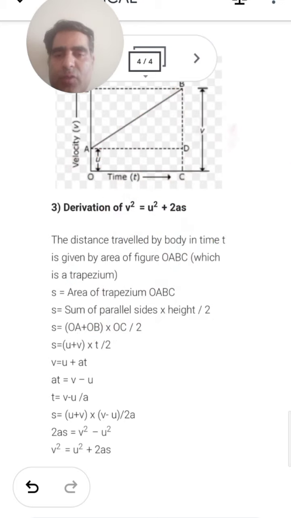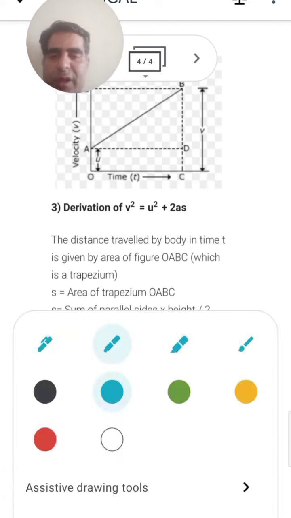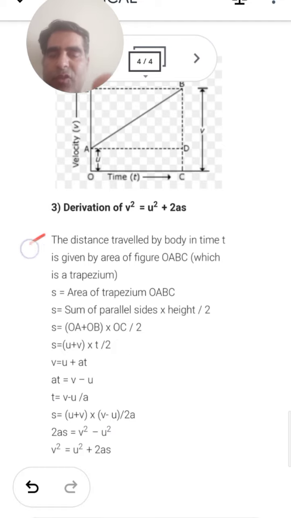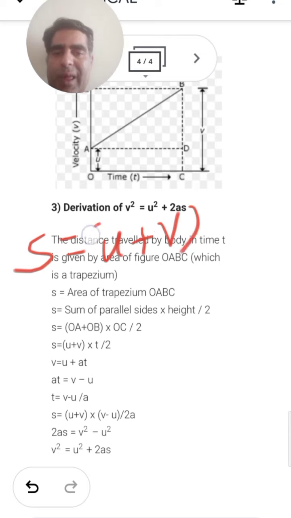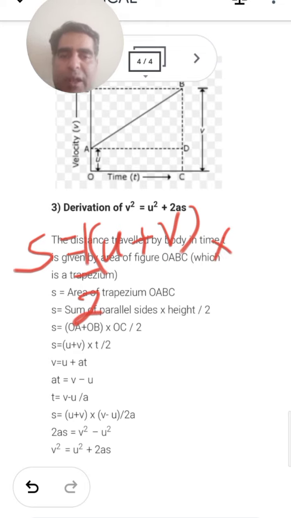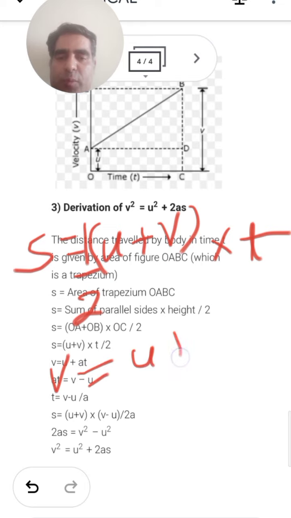So dear student, from here you get the equation, when you write down the equation, it will be in this form: S is equal to half into sum of parallel sides, U plus V, into height, and the value of the height is given as T. Now from the first equation of motion, V is equal to U plus AT.